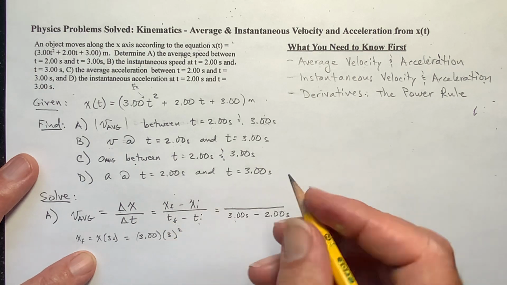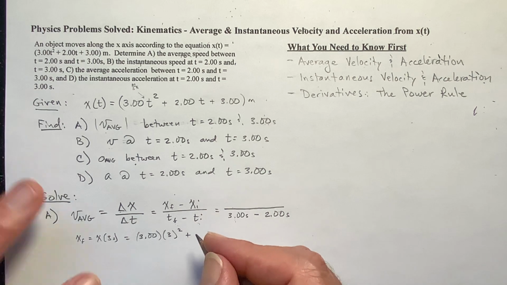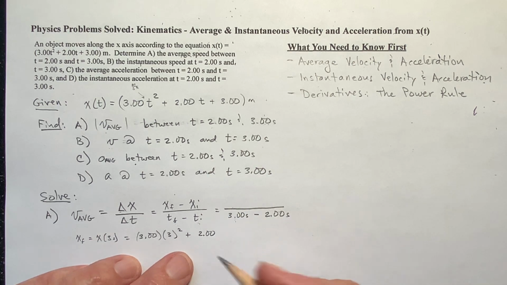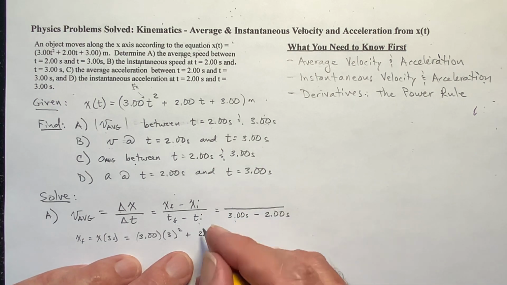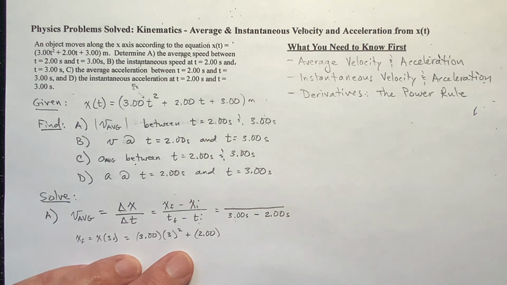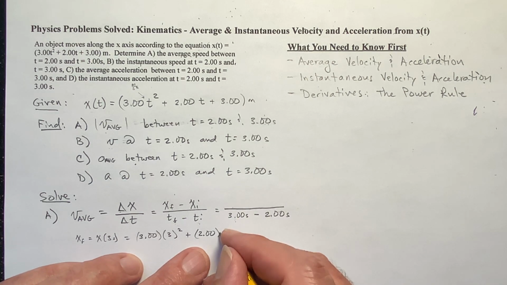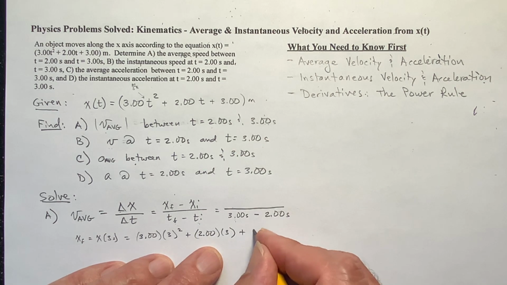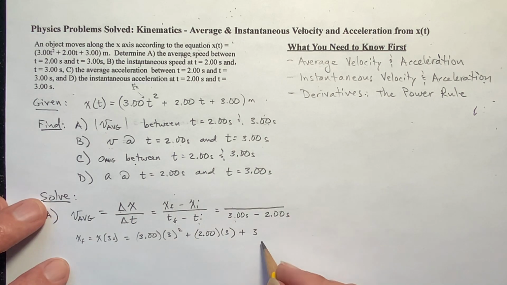And again, I'm not going to include units here because they didn't in the problem. Later on, in almost all my videos on kinematics, in all physics videos, I include units. I'm a real stickler with that, but I guess I'm not today. All right, plus 3. And this will all be in meters.